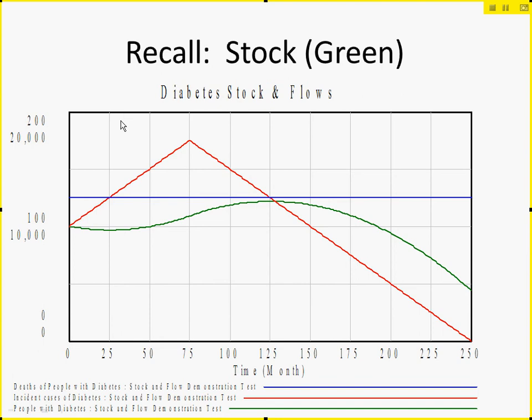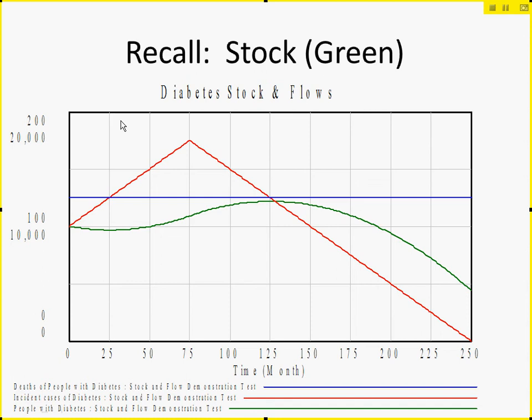The change in that stock over time is dictated by the flows. Remember, the value of a stock is specified at the initial time, and from then on, its rate of change depends on the net inflow into it. So if you have a high level of net inflow, a large number of net people per month coming in.